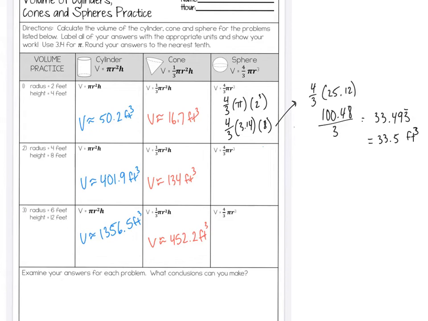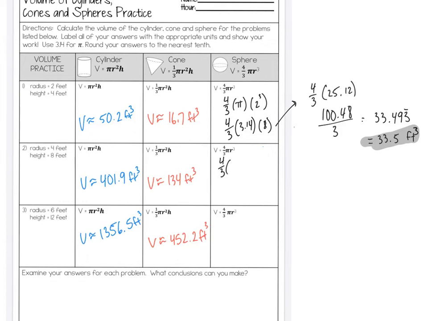Okay, so a little bit more multiplication. Stay organized with your work as you continue to go through. So for number 2, this time our radius is 4. So again, same formula. We use the formula of 4/3 pi r cubed. And let's work this out.